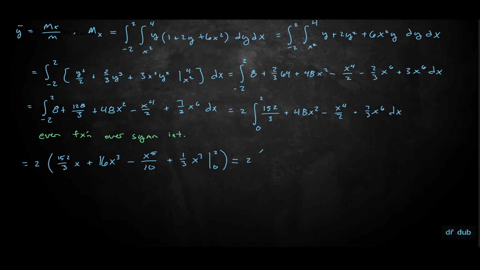And this is going to be 2 times 152 over 3 times 2 plus 16 times 8 minus 32 over 10 plus 1/3 times 128. I think if you number crunch that out, I'll just verify, but I think you get 11,136 over 35. Now let's see if we have any questions. I'll double check that really fast, but while we wait, I'll see if you guys have questions.